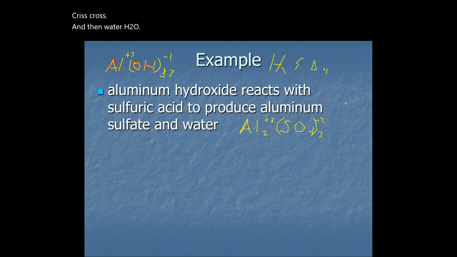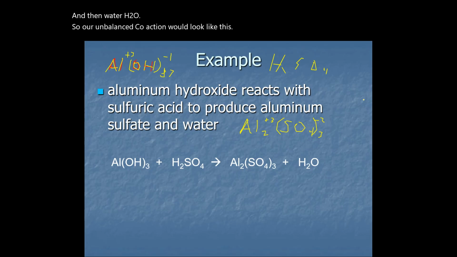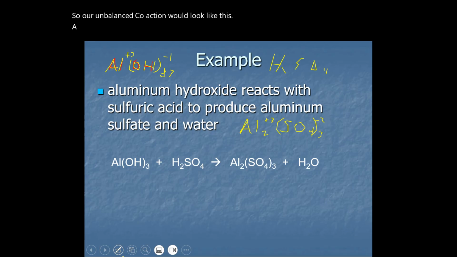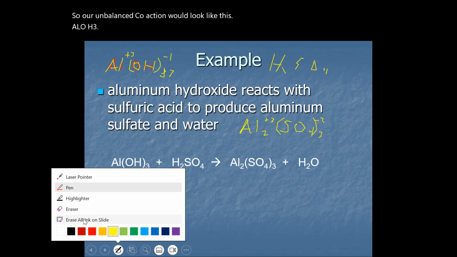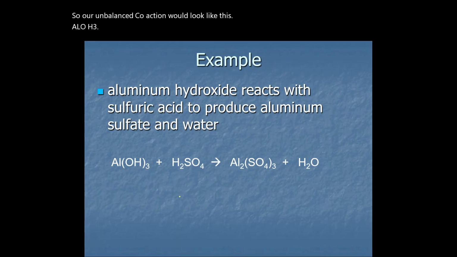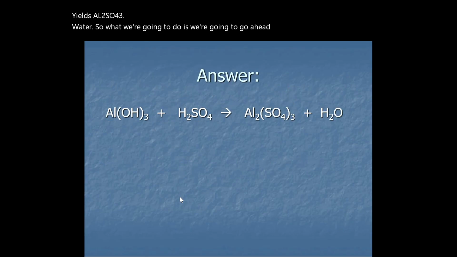So our unbalanced chemical reaction would look like this. Al(OH)3 plus H2SO4 yields Al2(SO4)3 and water. So we're going to go ahead and establish our tally.